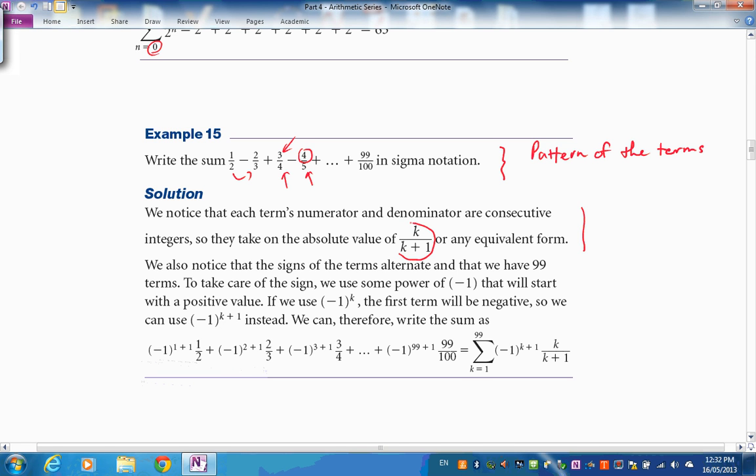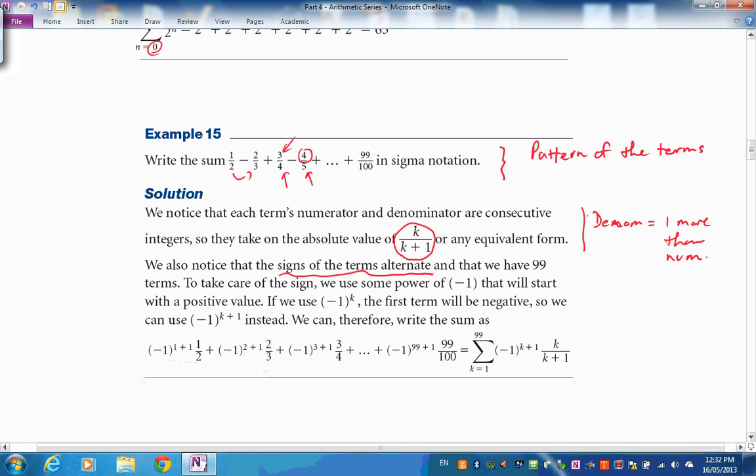So they're saying, why don't we call this k over k plus 1, picking up the idea that the denominator equals one more than the numerator. So this is a bit of a harder series to look at, because we're adding them up. And we also notice that the signs of the terms alternate.